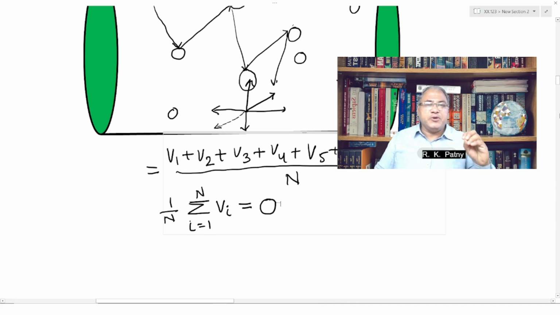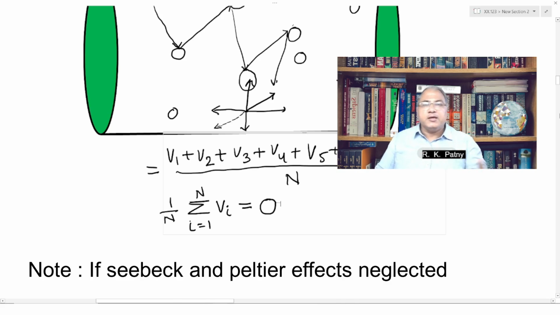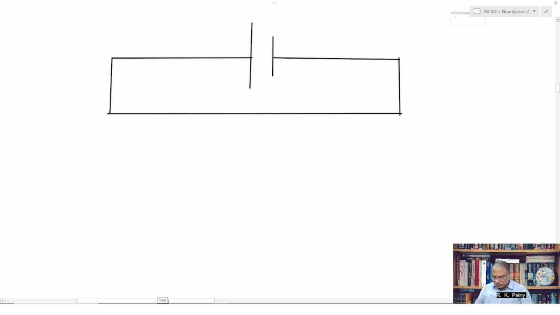When you're heating a piece of rod or a piece of copper or a piece of aluminum or a piece of gold, there cannot be an electric current. So what to do to get the electron flow from one end to another end? For that we have to apply an electric field. Now let us apply the electric field to the piece of metal and see what happens.